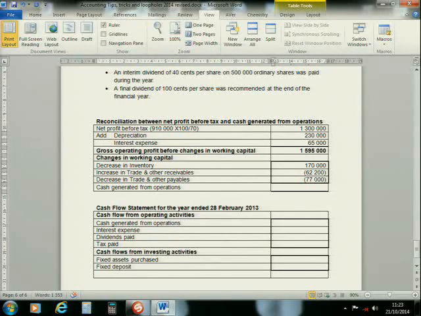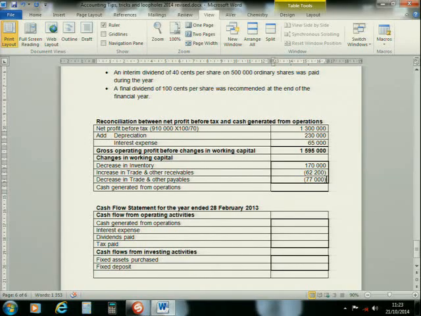And what you need to do is add the 3. You add the 3: 170,000 minus 62,200 minus 77,000.